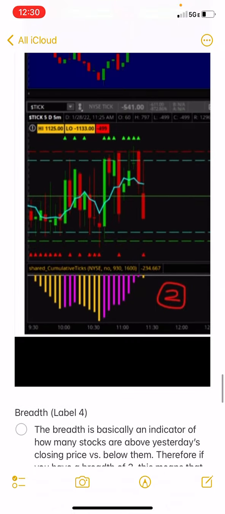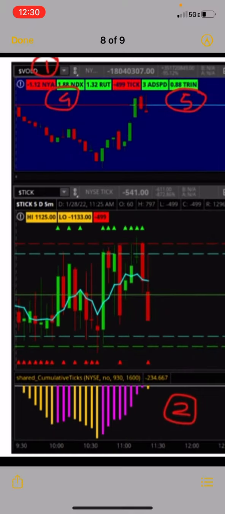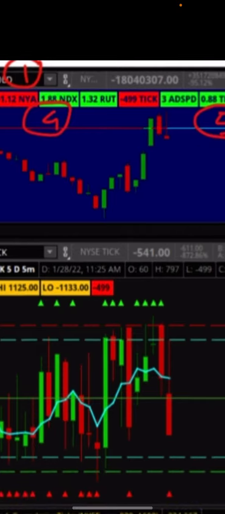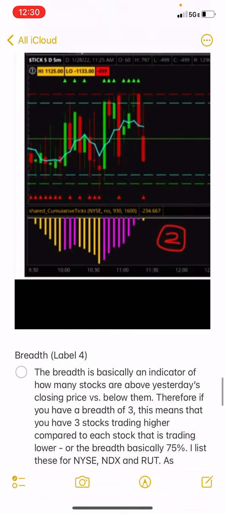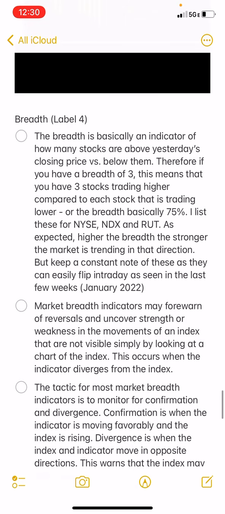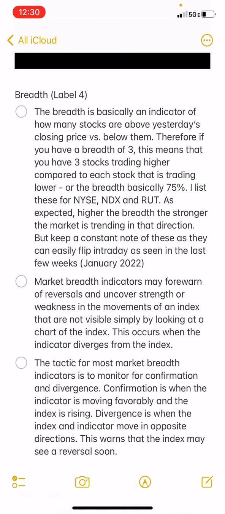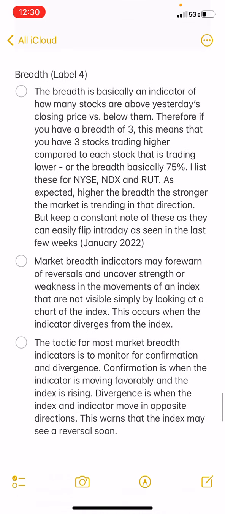All right. So breadth, which is up here at the top, is just showing you across all the sectors how everything's performing, right? The breadth is basically an indicator of how many stocks are above yesterday's closing price versus below it. Therefore, if you have a breadth of 3, this means that you have 3 stocks trading higher compared to each stock that is trading lower, or a breadth of basically 75%.